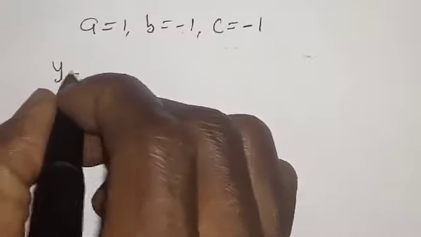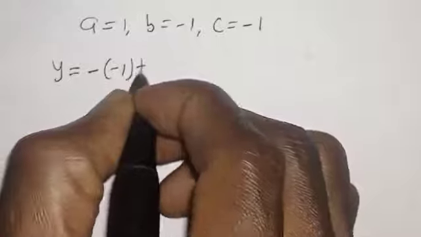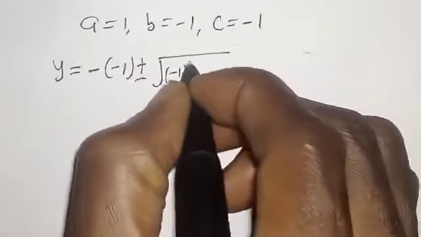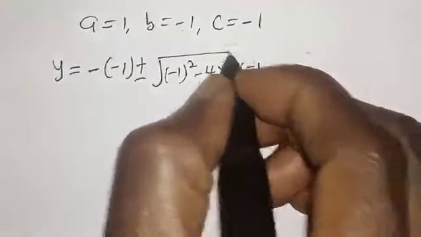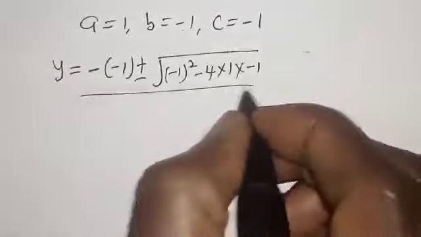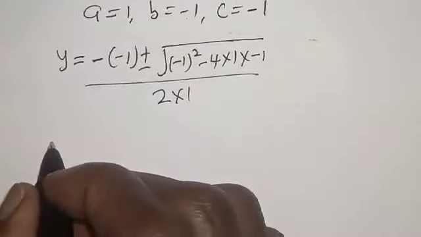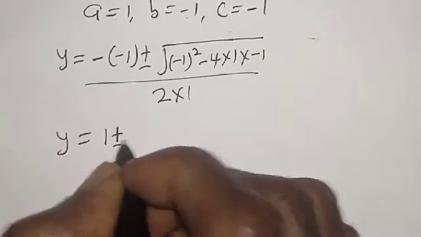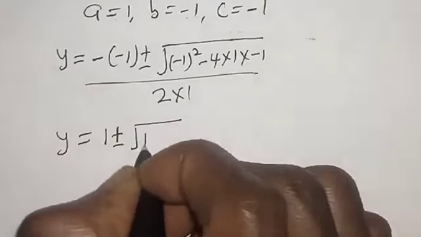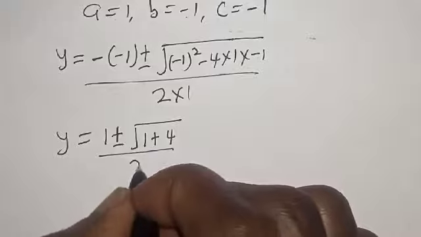Then y is equal to minus into minus 1 plus or minus square root of (minus 1) squared minus 4 multiplied by 1 multiplied by minus 1, over 2 multiplied by 1. Now y is equal to 1 plus or minus square root of 1 plus 4, over 2.